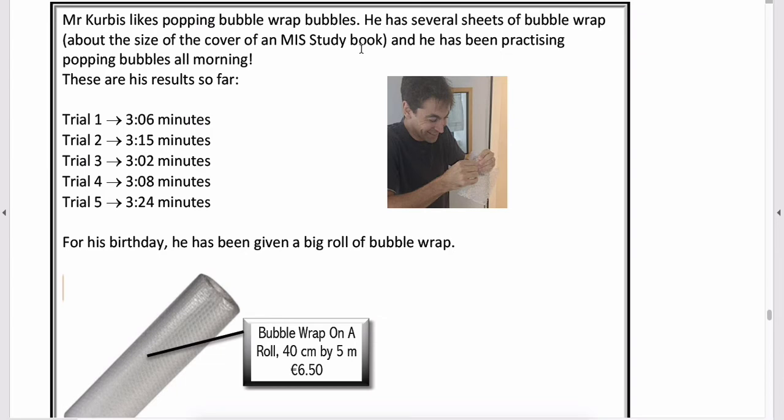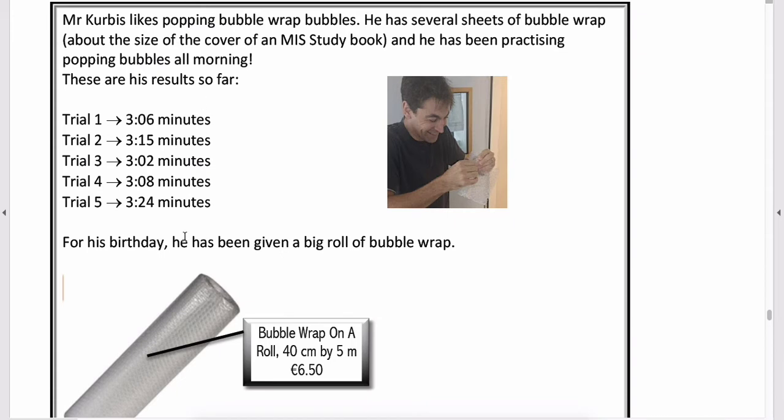And when he turned on his stopwatch, he could actually pop all the bubbles in this sheet in approximately 3 minutes and a few seconds. So he tried that a couple of times, and in trial 1, he spent 3 minutes and 6 seconds, trial 2, 3 minutes and 15 seconds, and so on and so on. He tried 5 times.